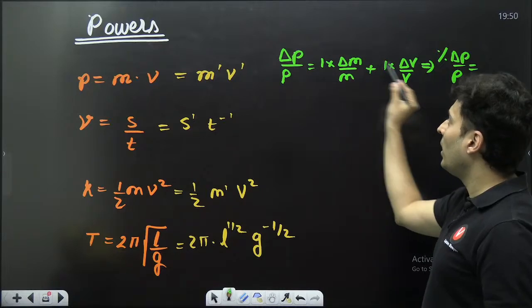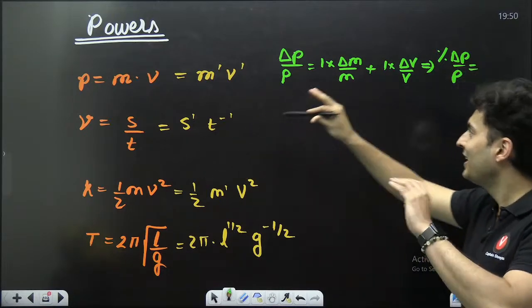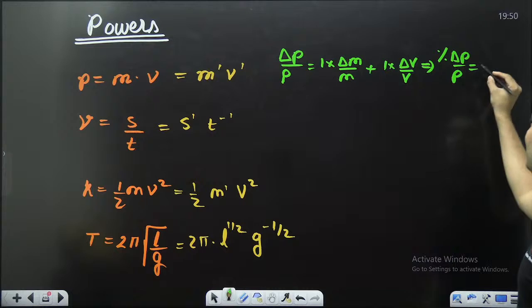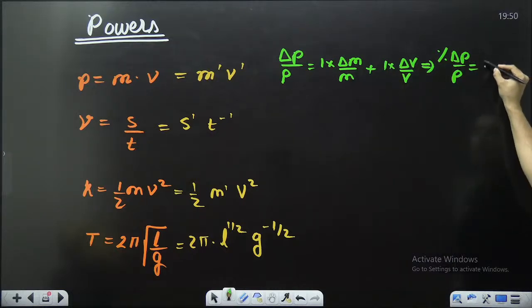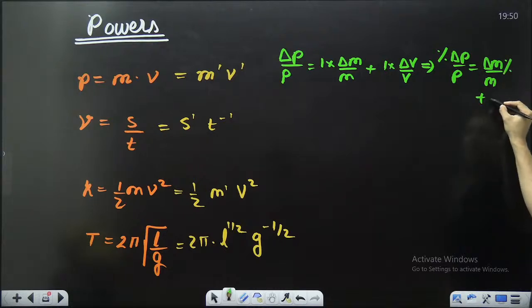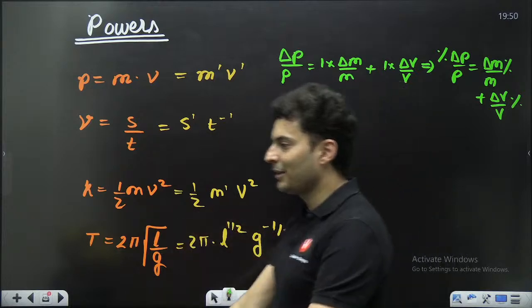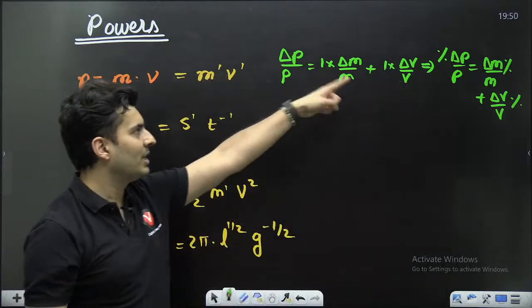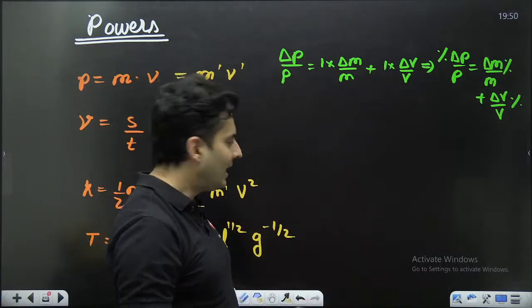If I multiply LHS and RHS by 100, 1 into anything is anything only. So the percentage error in momentum is percentage error in mass plus percentage error in velocity. Directly I got it. Directly you can write it.